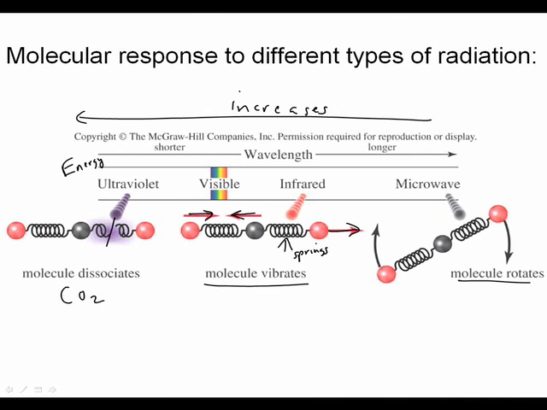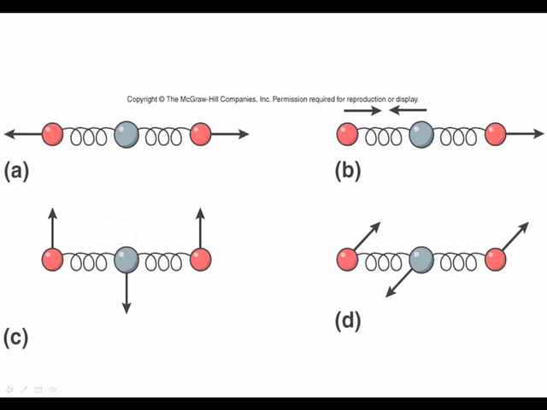Not to belabor the point, but here's CO2 again, and these are different kinds of ways it can vibrate. And some of these do absorb infrared radiation, and others do not.